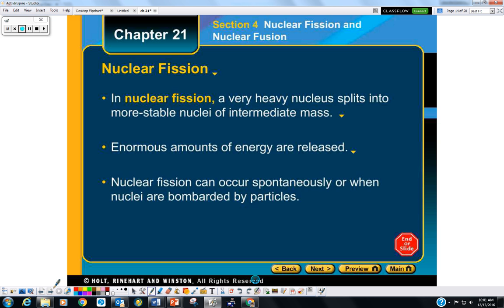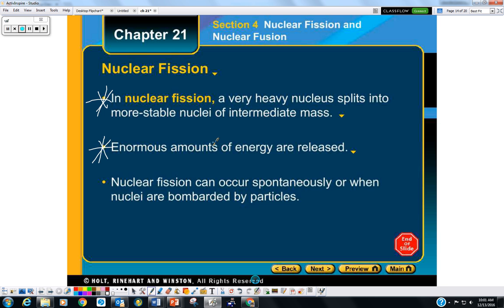I do want to talk about nuclear fission and nuclear fusion. Things I want you to know about nuclear fission are those two statements. In nuclear fission, a heavy nucleus splits into more stable nuclei of intermediate mass.